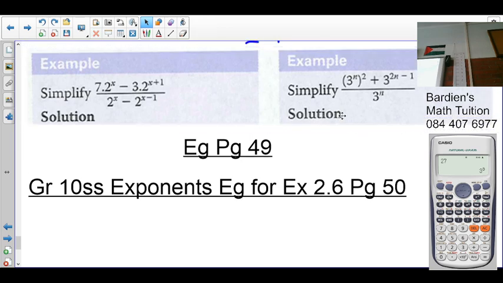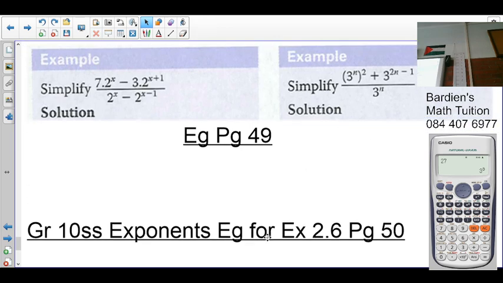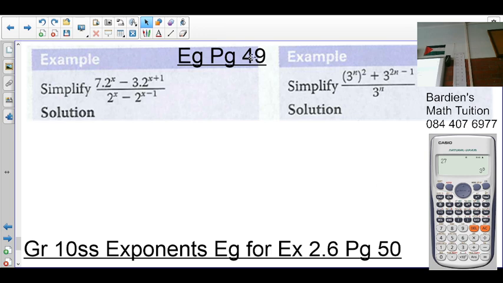Okay, so this is the next sum. It was on page 50, correct? What's on 49? Okay. Again, the question is to simplify 7 times 2 to the x minus 3 times 2 to the x plus 1 over 2 to the x minus 2 to the x minus 1. Okay, so what do we have to do first?